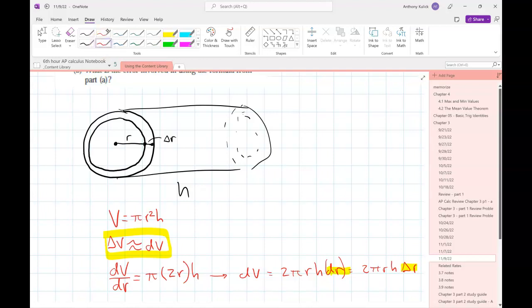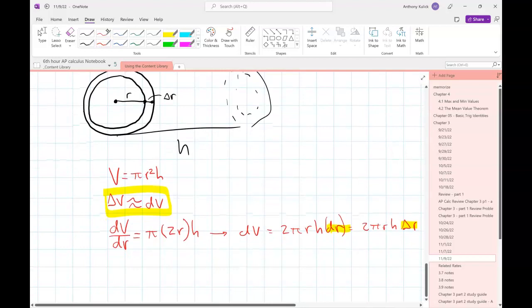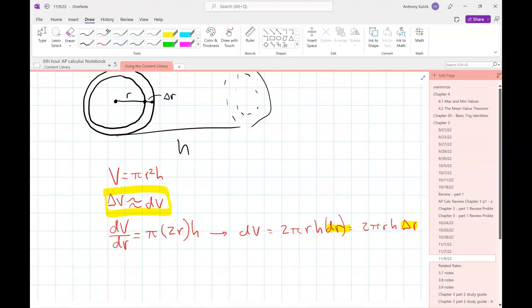So unlike the related rates, in this unit when we're taking the derivative of things, that delta is not representing a change in anything. I'll explain in a moment what we're doing here.